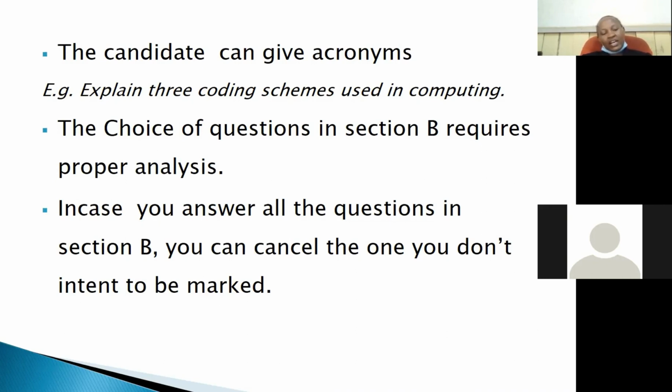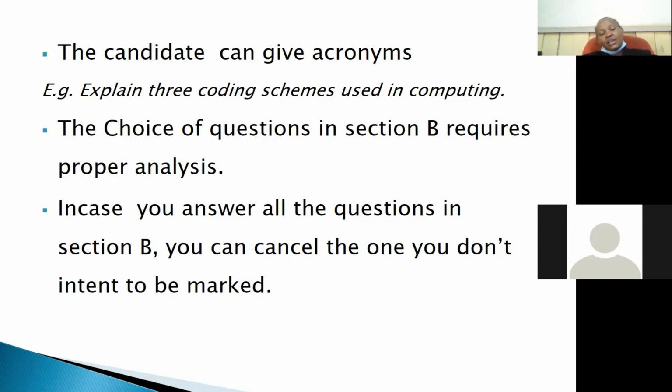EBCD is also right. And then after you state those ones, you move on and start giving more explanations on the BCD, more explanation on the ASCII, and more explanations on the EBCD. Okay? So that now you are able to score. Let's say, for example, this is a question that can be awarded 6 marks, each point 2 marks, whereby you state the coding scheme and then the explanation.